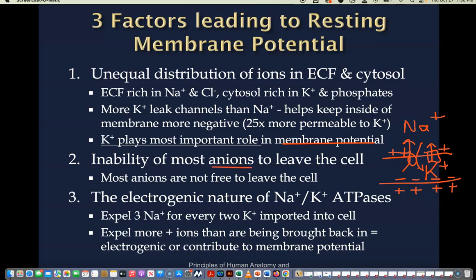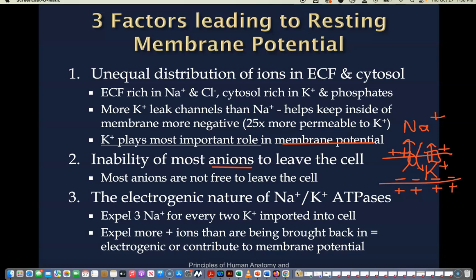Remember, anions are negatively charged ions. Most of the negatively charged ions are not free to leave the cell, so they're stuck inside. That's why they build up at the membrane as they're attracted to those positively charged potassium ions that are there.